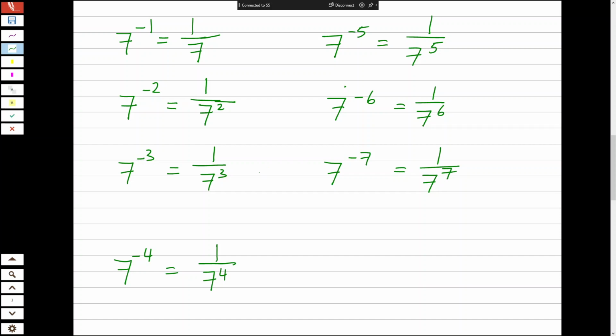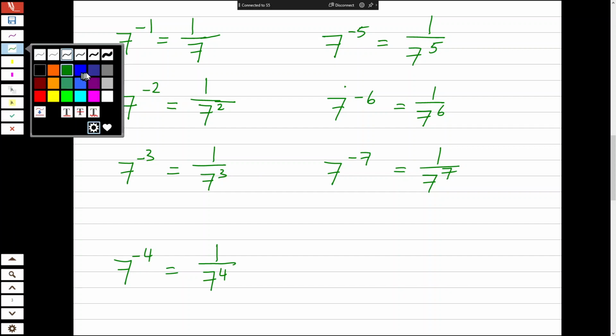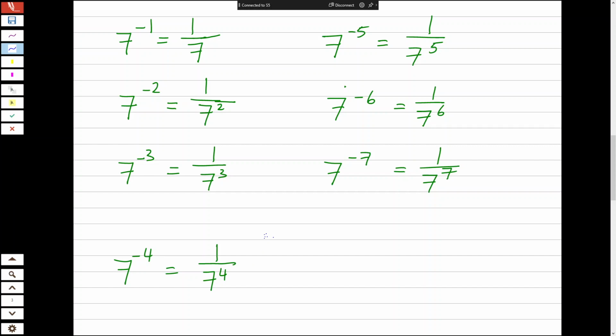Yep. So if you've got a negative index, I like that. Move it down to the bottom in a fraction. Is it always if you've got a negative? Yes. What if it's a positive? Well, if you've got a positive, you just do what we've always done, right?